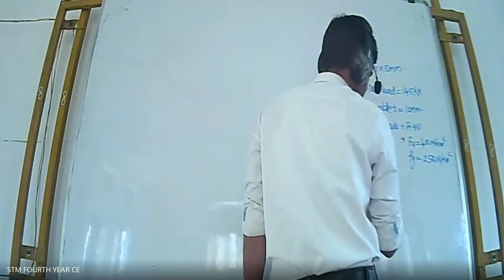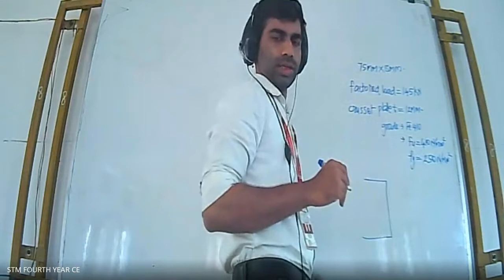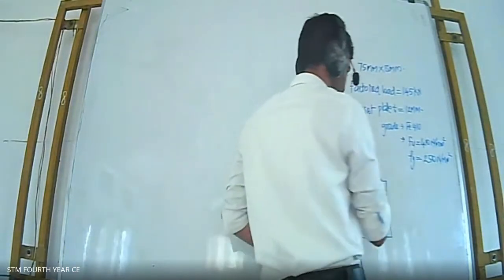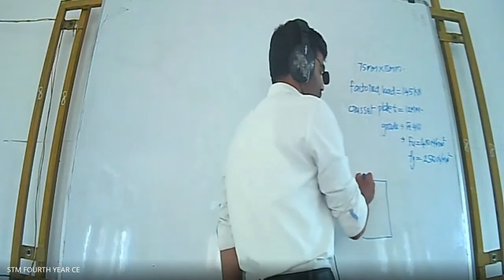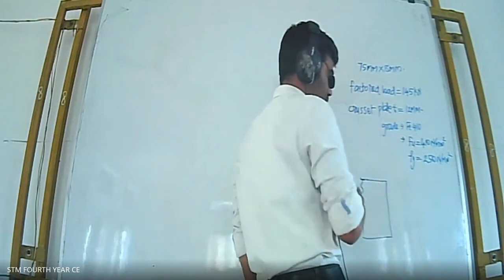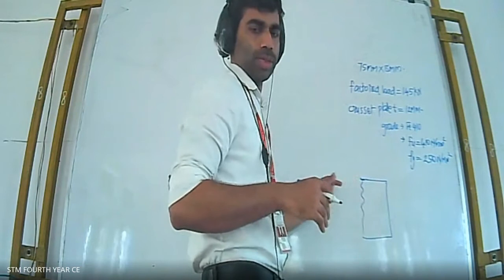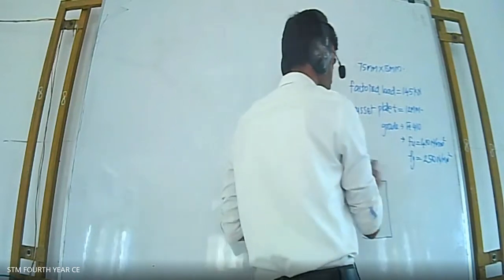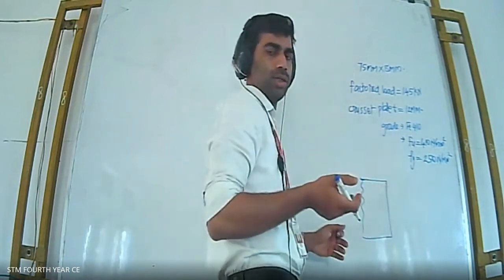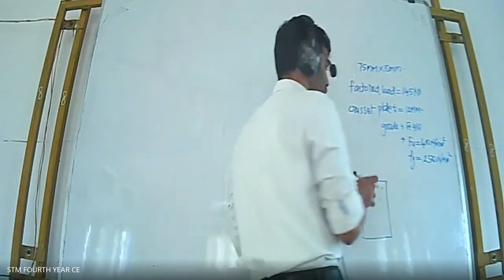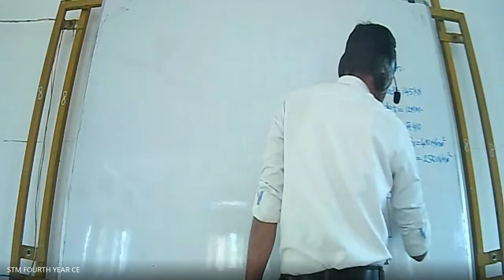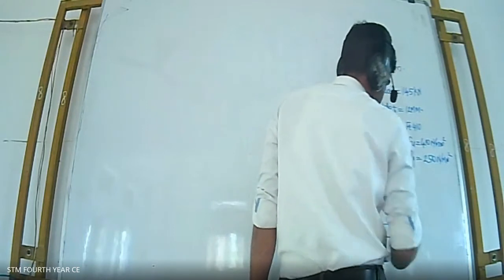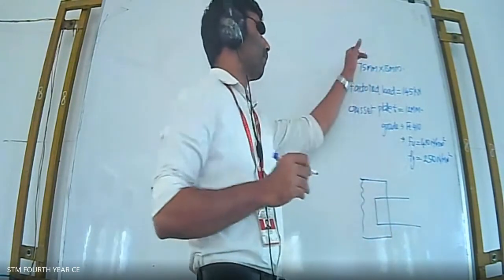Suppose this is a gusset plate. The length of the gusset plate is not mentioned and need not be considered, as it has no significance. That is why I have drawn like this. On top of that I have to place my plate like this.